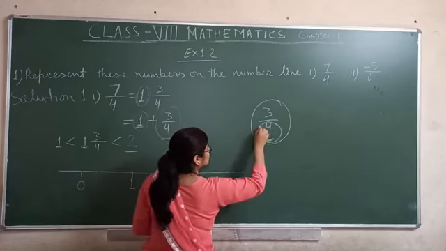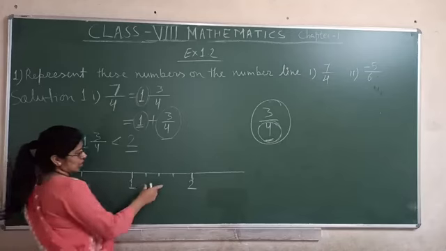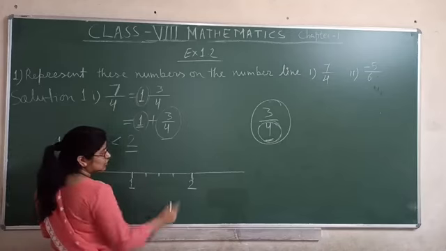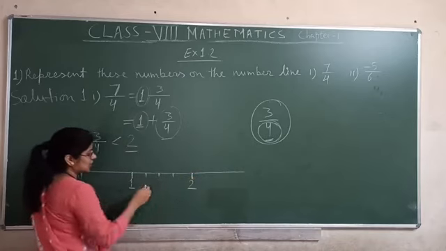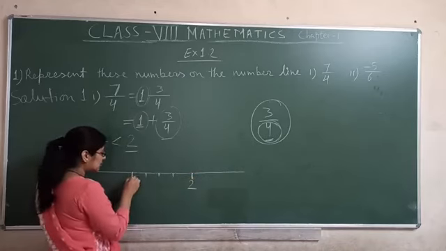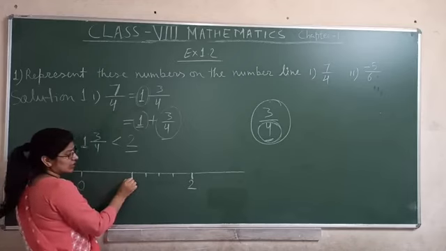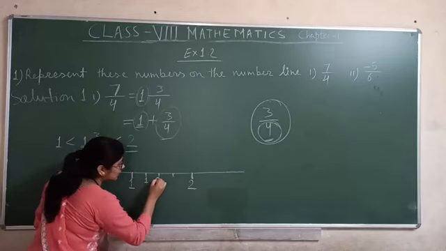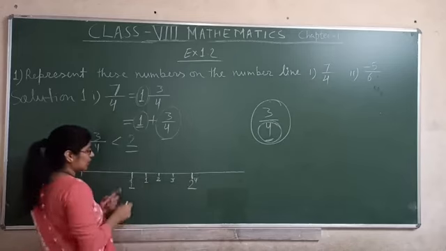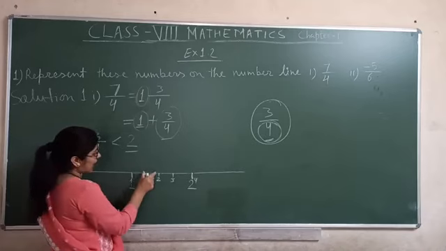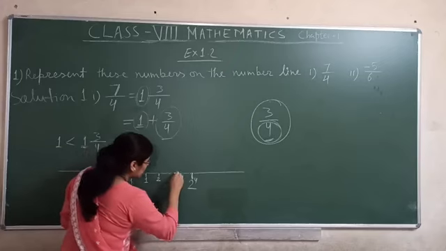So we have to check what is denominator. जो भी आपका डिनोमिनेटर होगा उतनी ही आपको यहाँ पे लाइन ड्रॉ करनी है. ये यहाँ से और यहाँ इन दोनों के बीच में ड्रॉ कर रहे हैं. That's why this will be 0. यहाँ से स्टार्ट कर रहे हैं तो इसको 0 काउंट करेंगे. Then it will be 1, it will be 2, it will be 3, and it will be 4. This gap should be equal everywhere. Gap equal होना चाहिए.